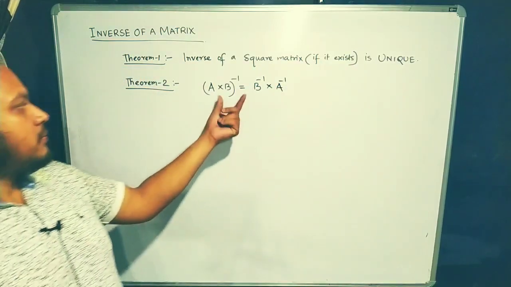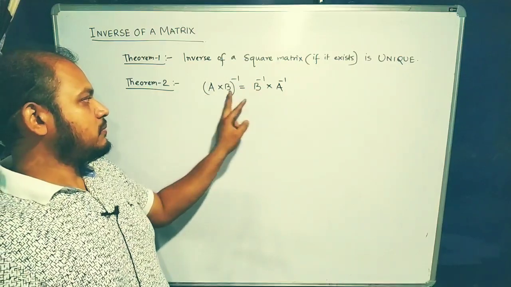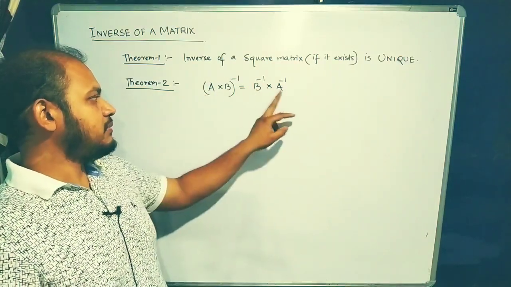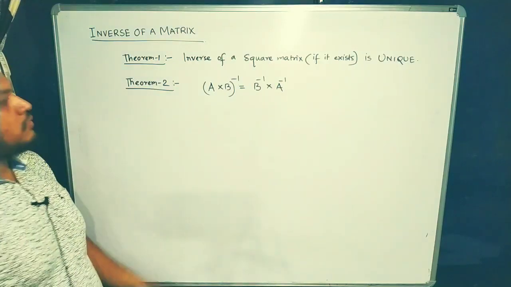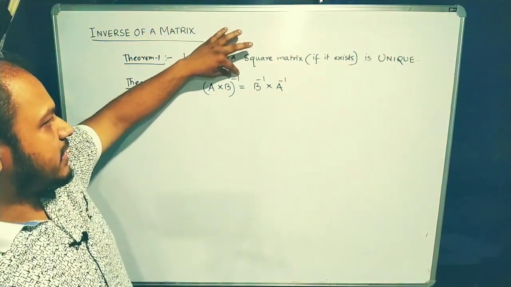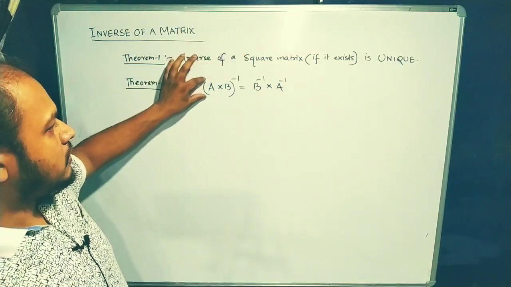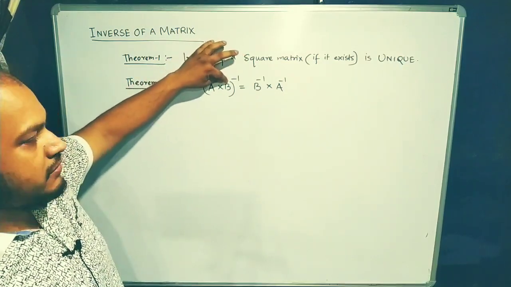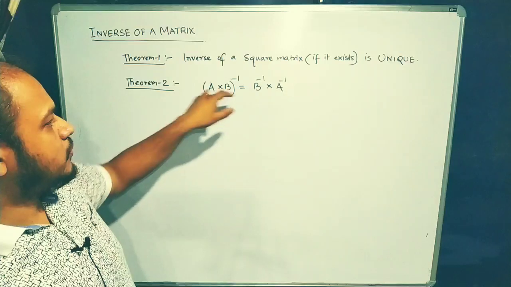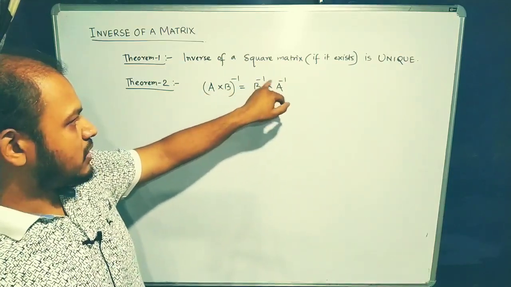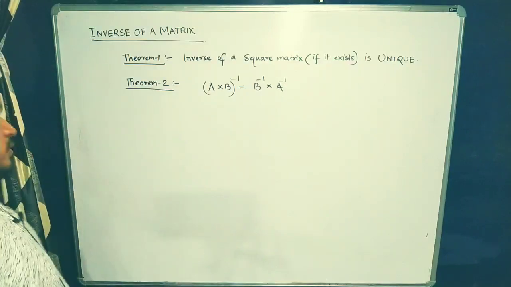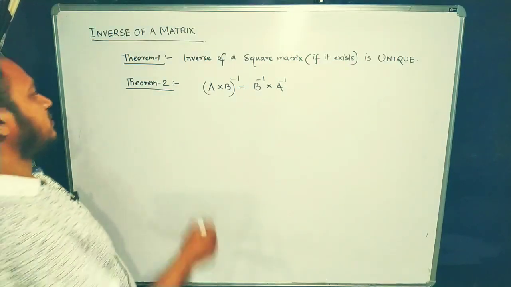That means just the matrices will change their position. B will come in the first place, A will come in the second place, and the inverse will be present on both matrices. So if you place the -1 on both of these matrices, then you should write in this opposite fashion. B becomes the first matrix, A becomes the second matrix, and then put the inverse on the individual matrices. So this is the rule, or this is the second theorem.